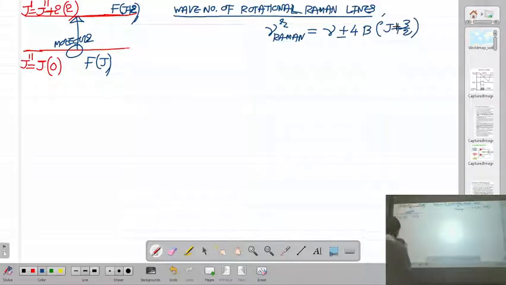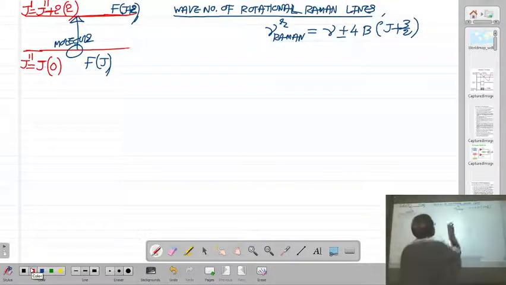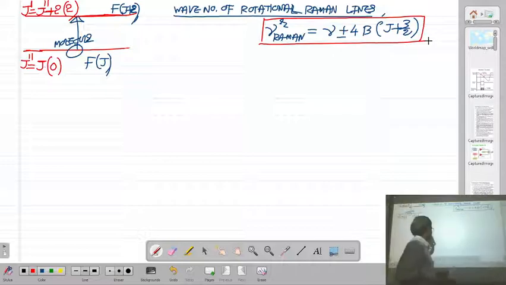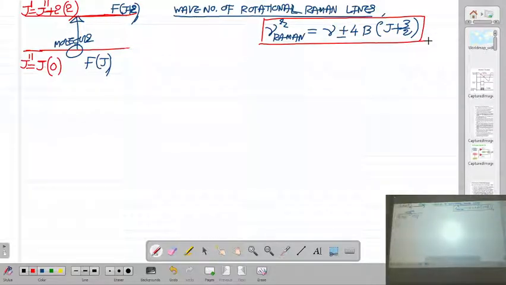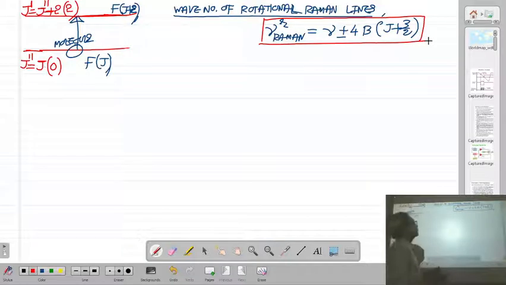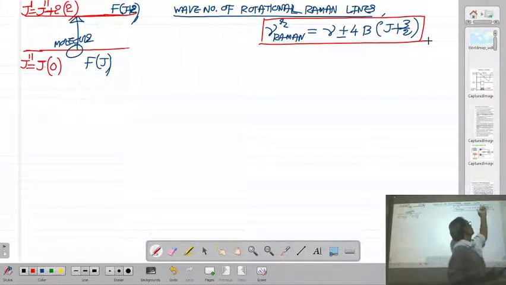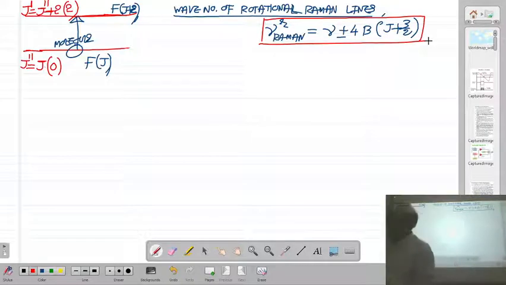This equation gives the wave number of the rotational Raman lines. The wave number of the rotational Raman lines is given by nu plus or minus 4b, j plus 3 by 2.